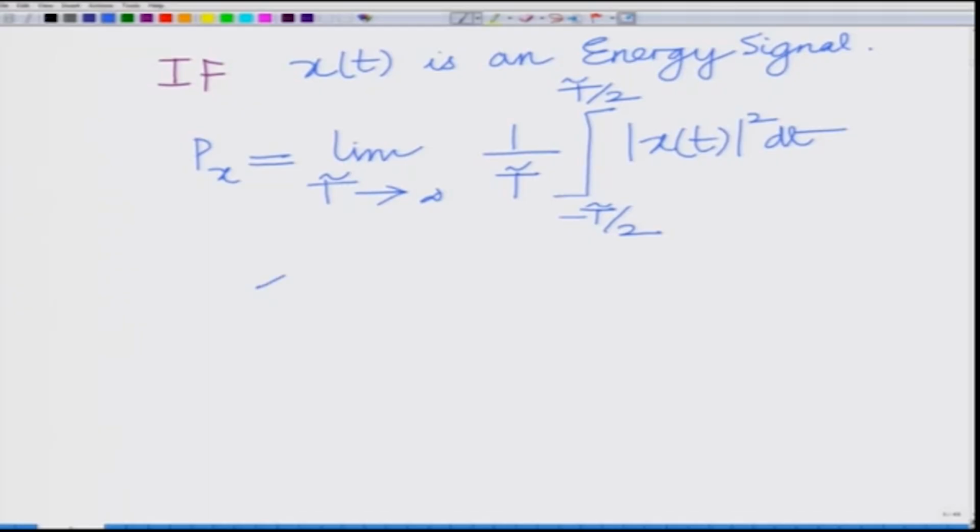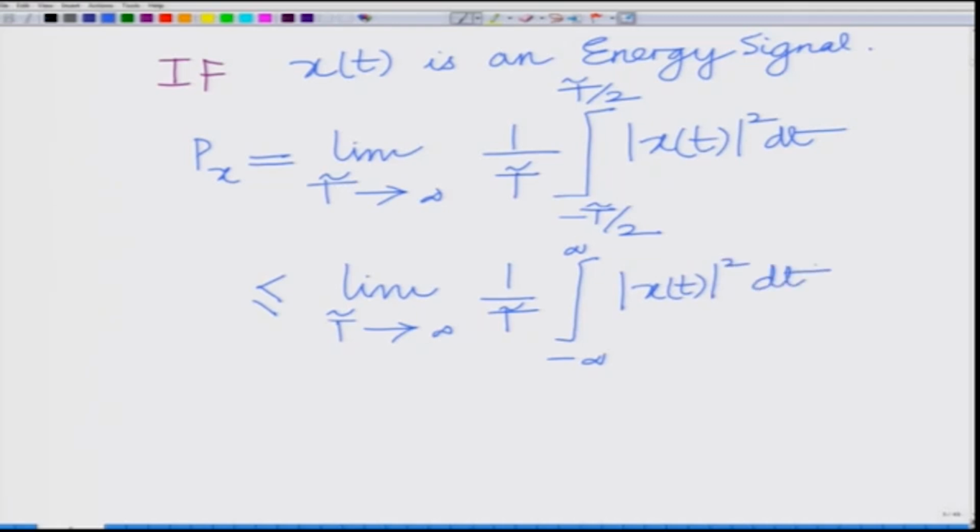Therefore, observe that this is less than or equal to the limit as t tilde tends to infinity of 1 over t tilde times the integral from minus infinity to infinity of magnitude x(t) squared dt. Now, observe that this quantity is simply the energy of the signal, which is finite, because this is an energy signal.